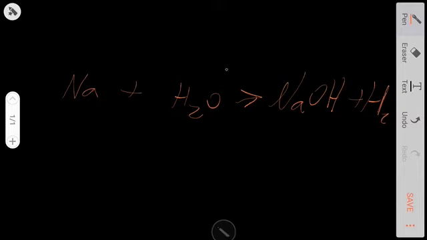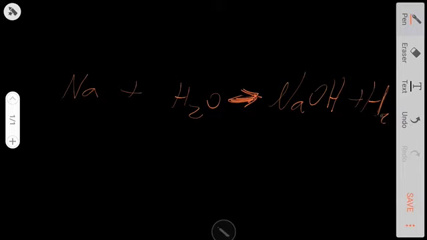Looks pretty good. Well, automatically here I can see there's going to be an issue with hydrogen. On my reactant side, I've got 2 hydrogen, and on my product side, I've got 3.